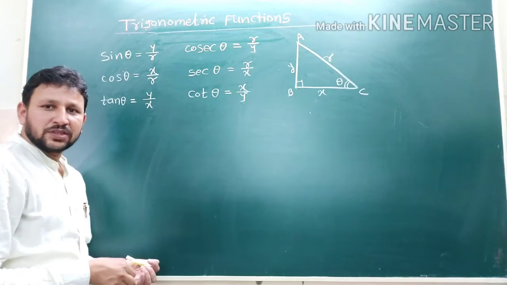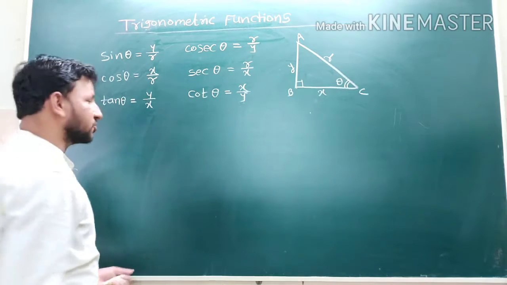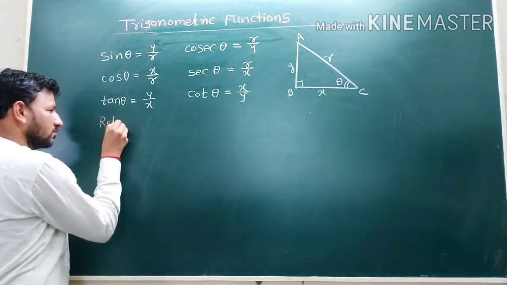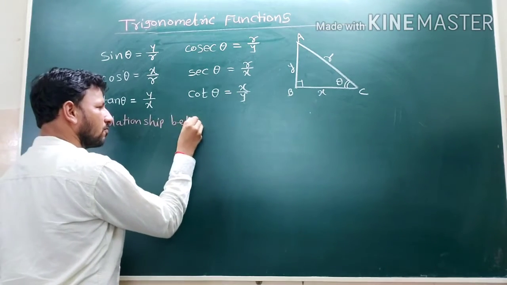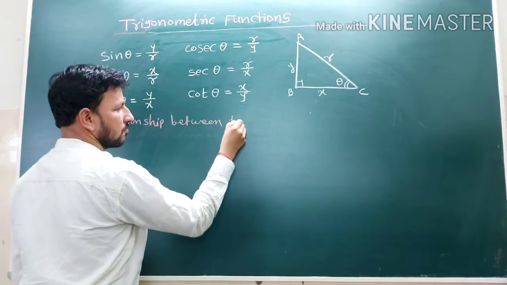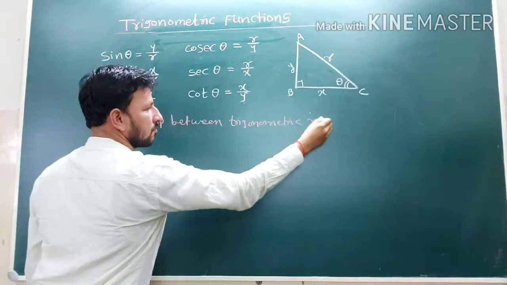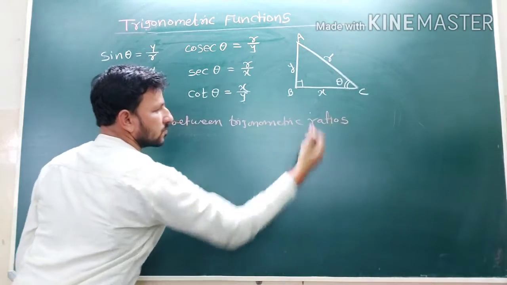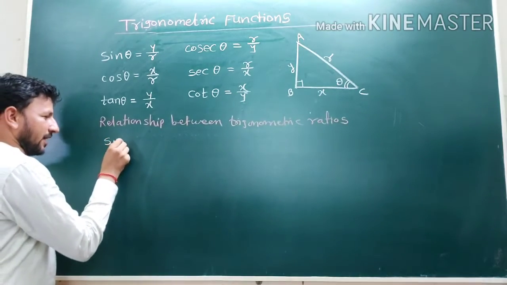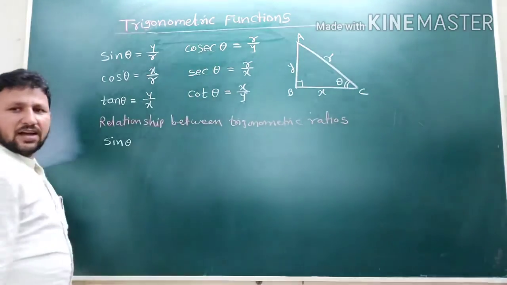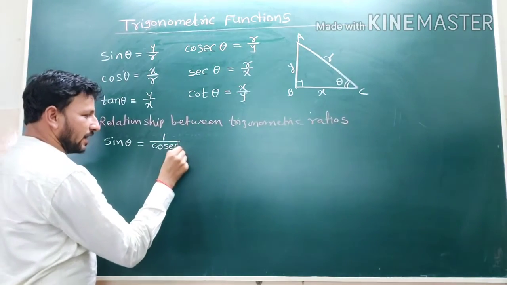Therefore, continue with the next concept, that is the relationship between the trigonometric ratios. See the first one: sin theta and cosec theta are reciprocals, that is sin theta is equal to 1 upon cosec theta.